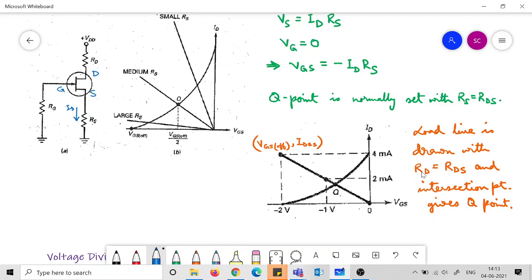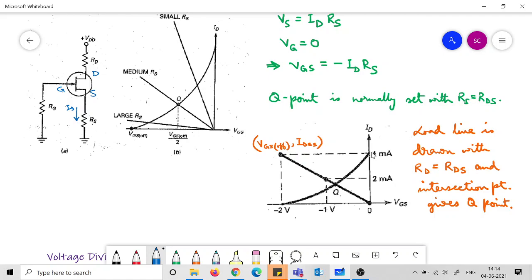And when you have this RS equal to RDS, you are coming to a point where you have this value VGS at IDSS.